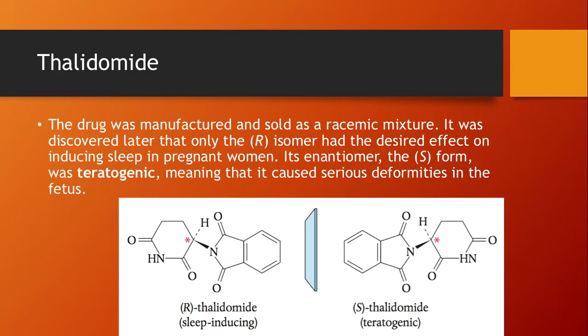Its enantiomer, the S form on the right, was known as teratogenic, meaning that it caused serious deformities in the fetus. So only one enantiomer produced the effect that it was looking for. The other one was not good.